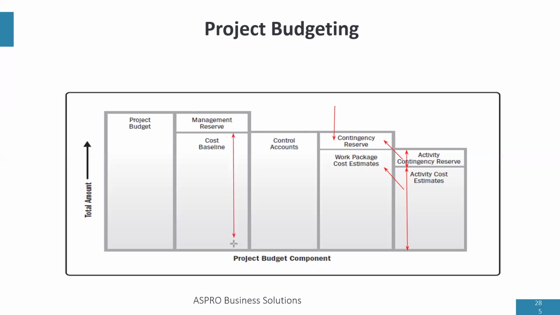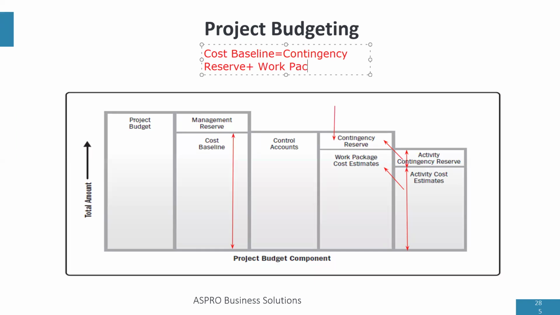The cost baseline is the cost of all your activities or work packages plus all the contingency reserve. So if I'm going to write a formula, cost baseline is equal to the contingency reserve of all your activities plus the cost of the work packages. Right, that's your cost baseline.